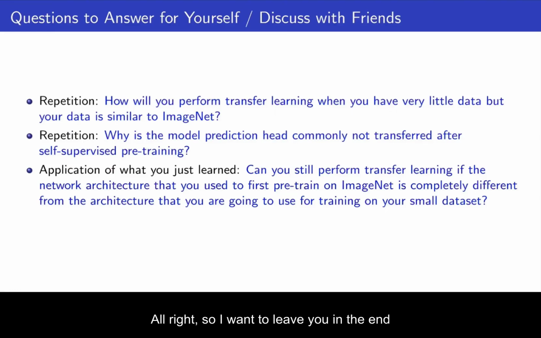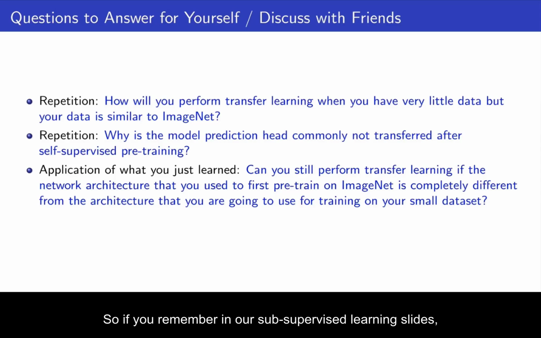Alright, so I want to leave you in the end with some questions to answer for yourself. The first question is, how will you perform transfer learning when you have very little data but your data is quite similar to ImageNet? The second question is, why is the model prediction head commonly not transferred after self-supervised learning?